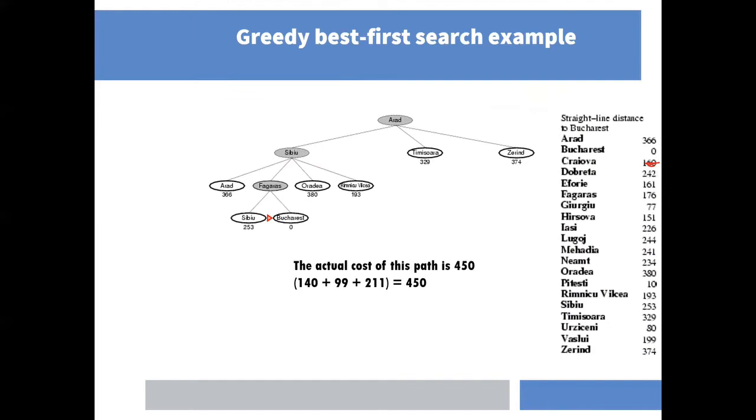So we have here the cost of the path, which is 140 plus 99 plus 211, is 450. That's the cost of the path from Arad via Sibiu, Făgăraș, and there to Bucharest.